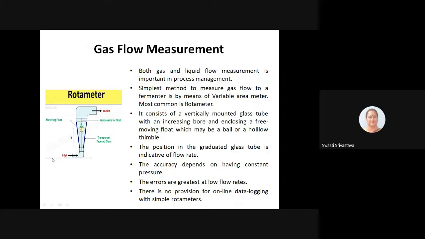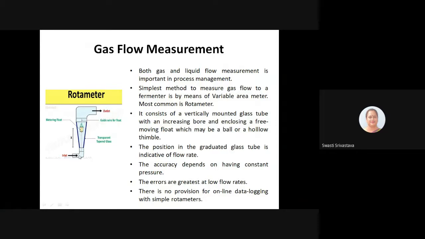As the gas enters through the inlet into this transparent tapered glass, the float movement occurs, and through another opening the flowing substance, the gas in this case, is driven out.